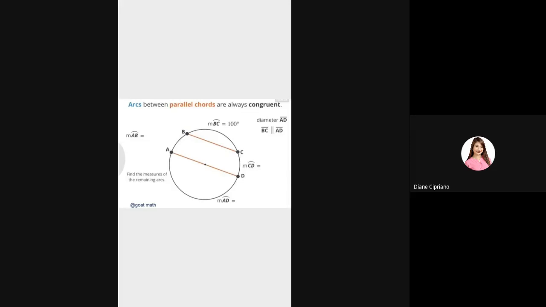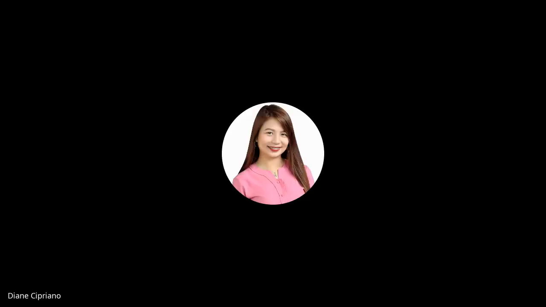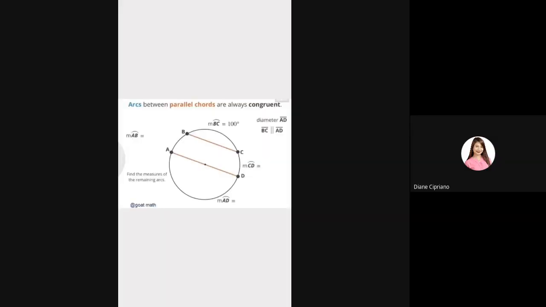Since AD is 180 and BC is 100 degrees, only 80 degrees is left. We divide it between the two, so AB becomes 40 and CD becomes 40 degrees, because they are congruent.